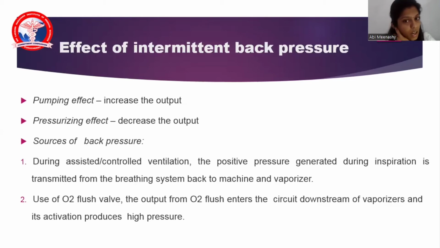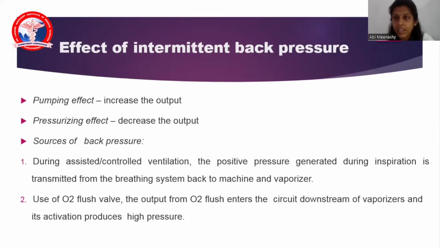So there are two sources for this back pressure. During assisted and controlled ventilation, the positive pressure generated during inspiration is transmitted from the breathing system back to the machine and the vaporizer. Assisted or controlled ventilation, okay, consider your Ayre's ventilation.